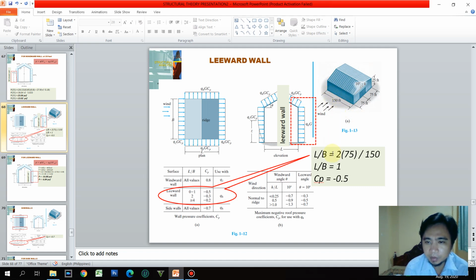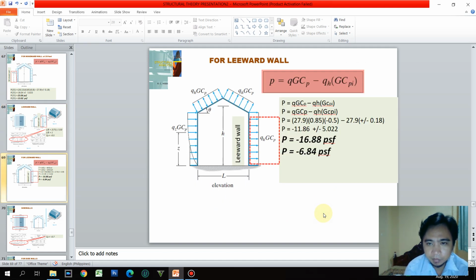So 2 times 75 all over 150 is equal to 1. So L over B is equivalent to 1. Looking at the table here, it falls under this first leeward wall, that is negative 0.5 as its CP. So take note of that.